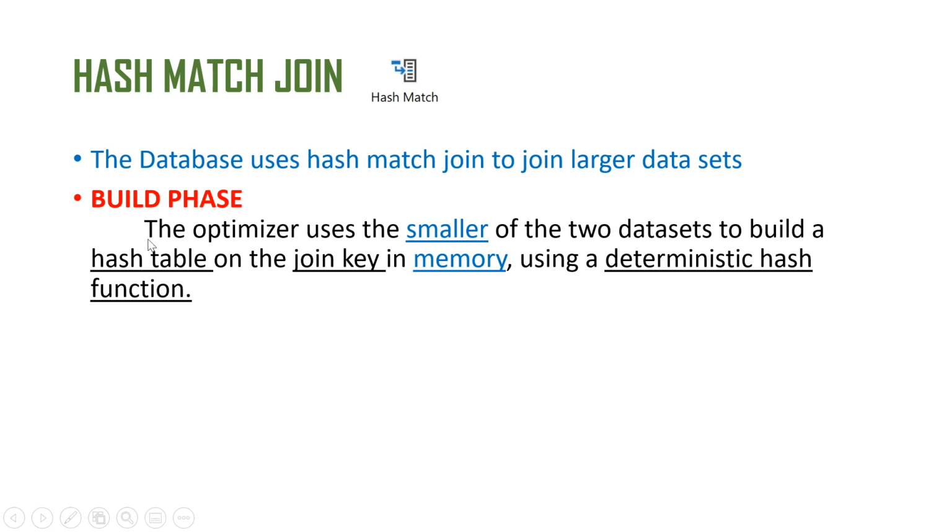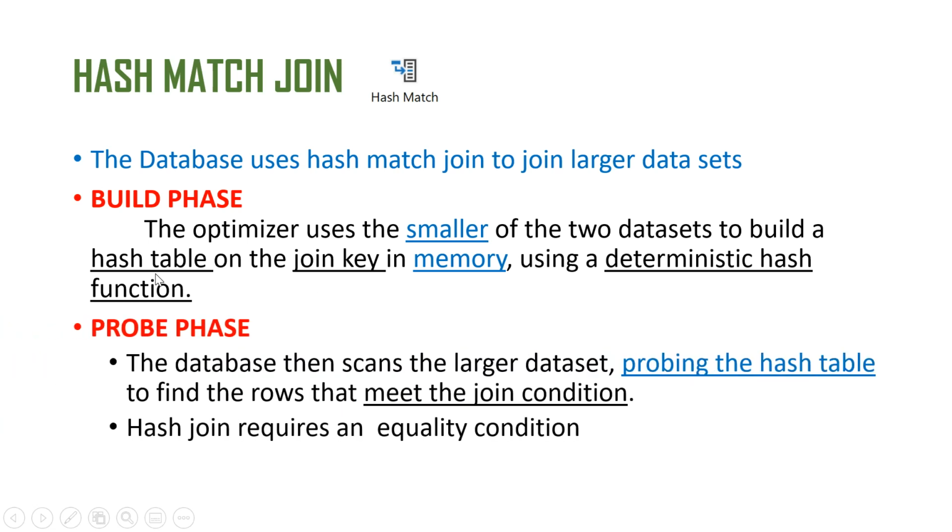Once the hash table is created, it goes to the probe phase, where the database then scans the larger data set, probing the hash table to find the rows that meet the join condition. And the hash join always requires an equality condition.